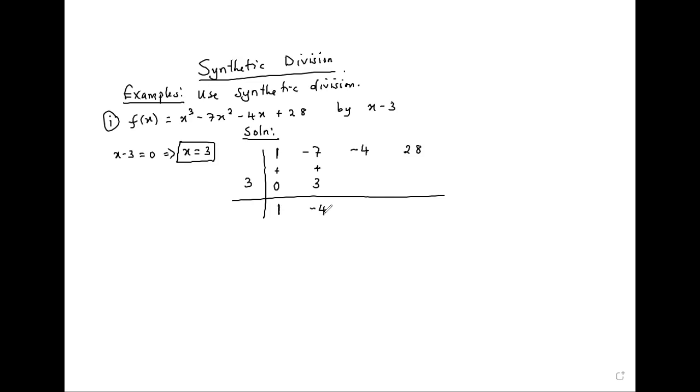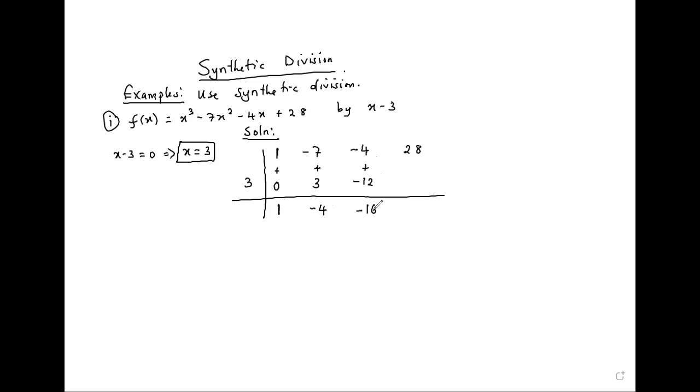And then get back to the 3. 3 times negative 4, we get negative 12. Add. So you continue adding. Negative 12 plus negative 4, we get negative 16. Continue multiplying. So you have 3 times negative 16. What do we get?